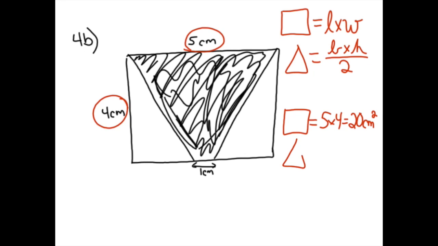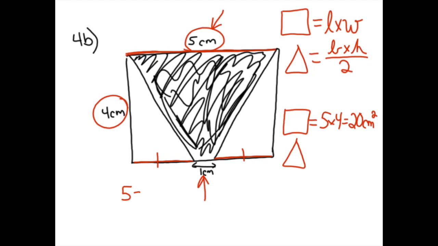Now I have to find my triangles. I'm told that this whole side, the length of this whole side, is 5 centimeters. I'm also told that this little piece right here is 1 centimeter. This information alone is enough for me to figure out what this base is here and this base here. These two are going to be the same because 1 is right there in the middle. So we're going to subtract 1 from our whole, which is 5.